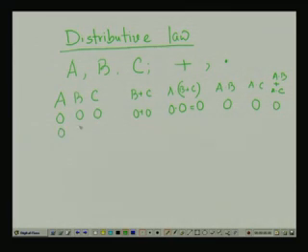Now, if we do 0, 0, 1, similarly, this is 0 plus 1, 1, A dot B plus C, this is 0, this is 0, this is 0, so this is again 0.